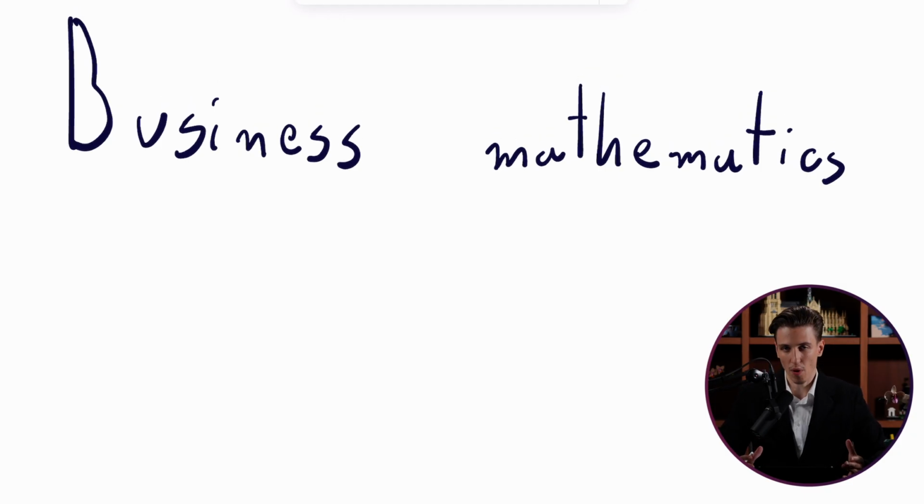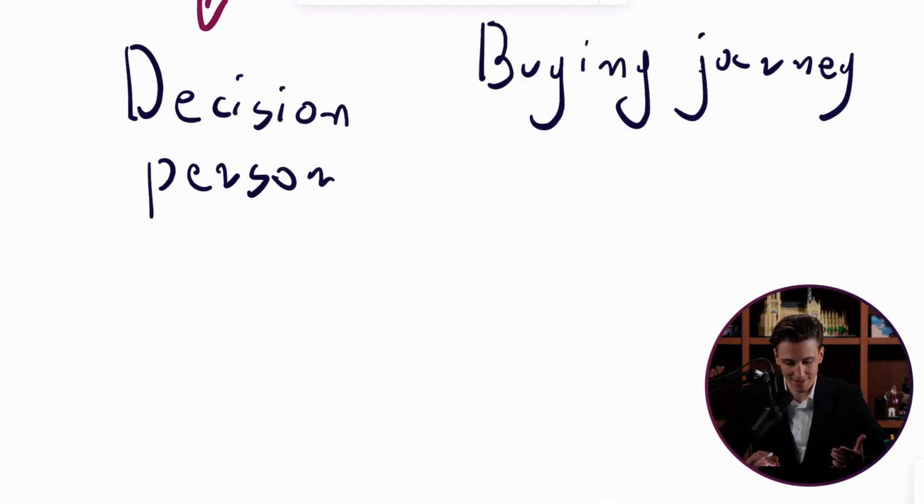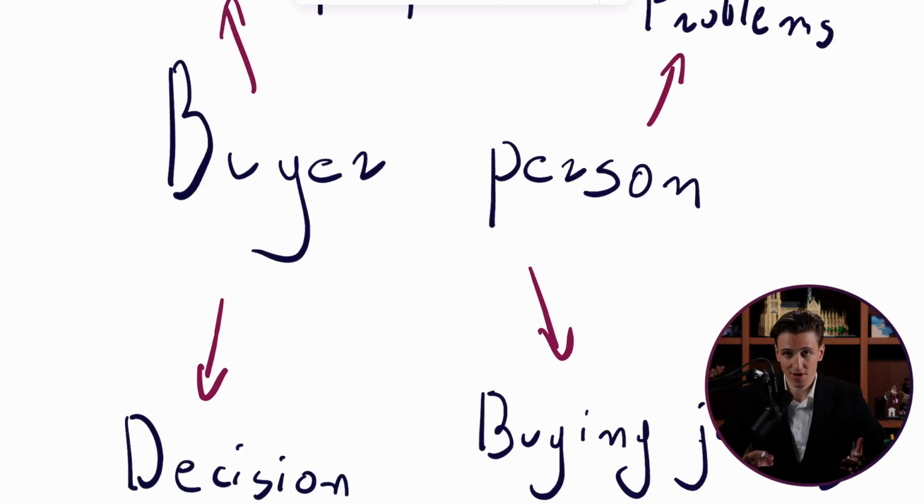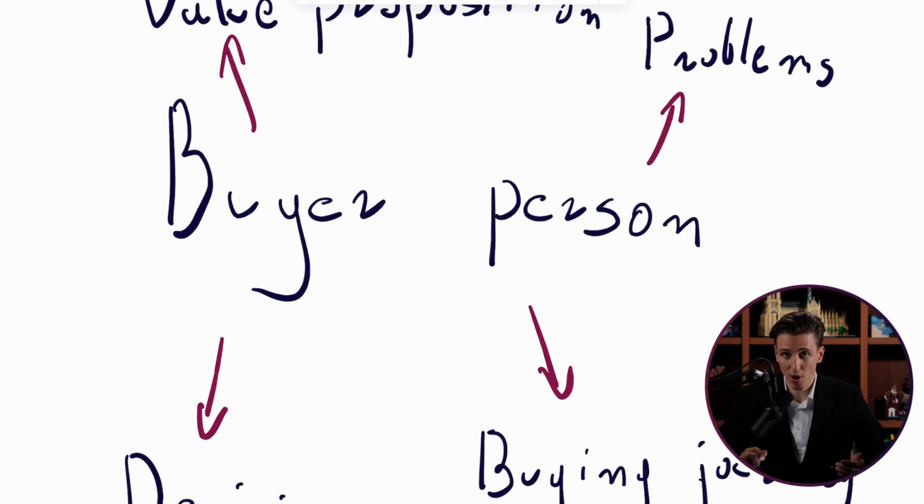And this is why this is a part of buyer persona, because as mentioned in the first video, buyer persona is part of a sales strategy. Everything comes from buyer persona, because based on buyer persona, if you've got all of this, you can do everything, right? If you understand who is your segment, you understand their problems, you've got a value proposition for them.